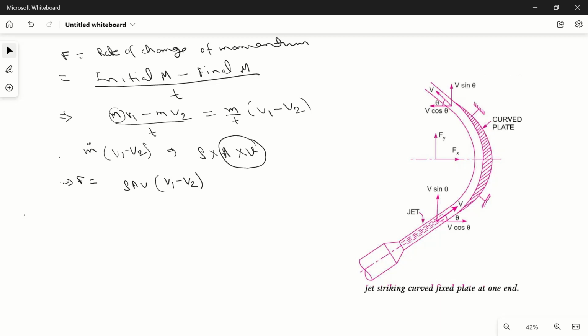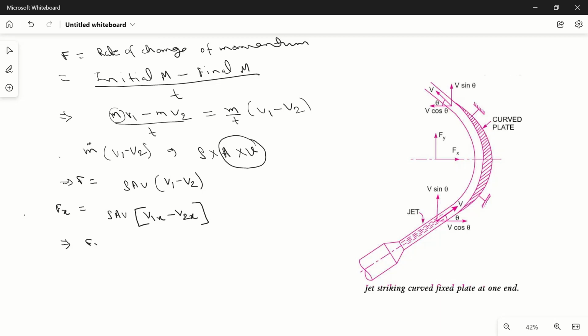Now we have to find Fx, the horizontal force exerted by this jet on this symmetrical plate. So it will be rho A V times (V1x minus V2x).